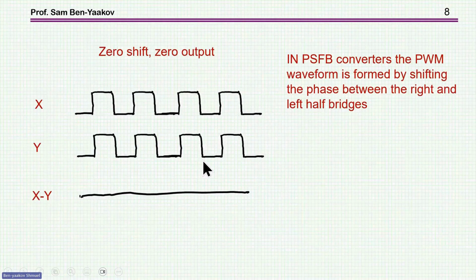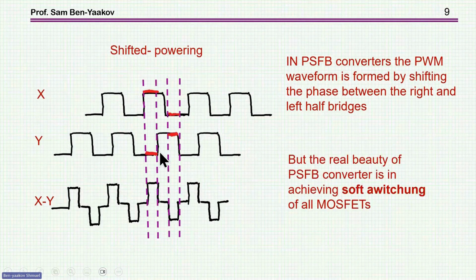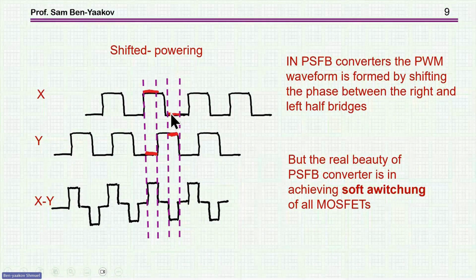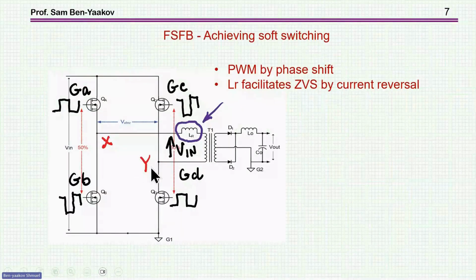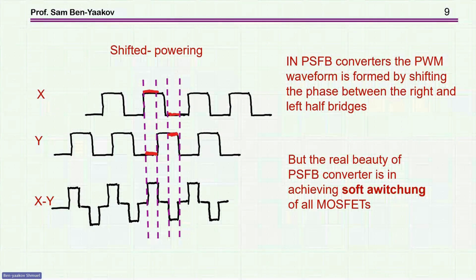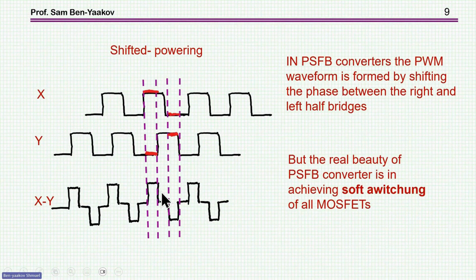And then if it's the other way around, Y is high and this is low, then the reverse voltage is fed to the transformer. So the first point here is that we are generating the duty cycle here by this phase shift.